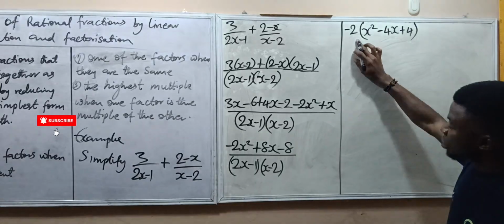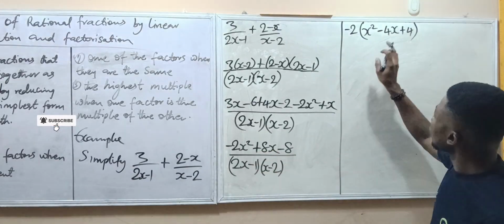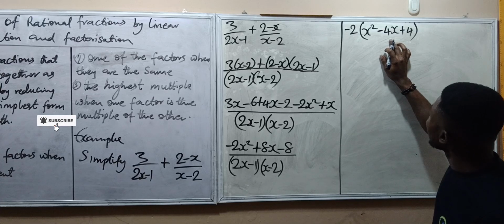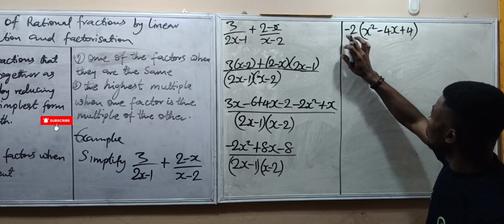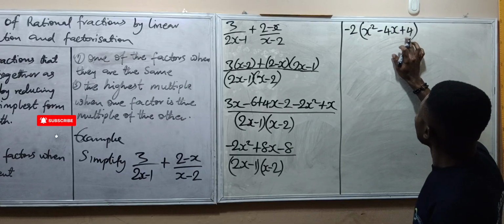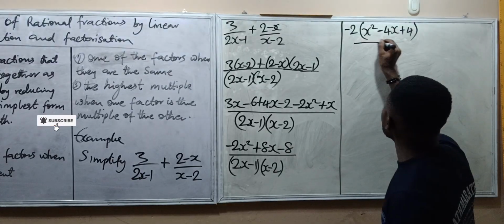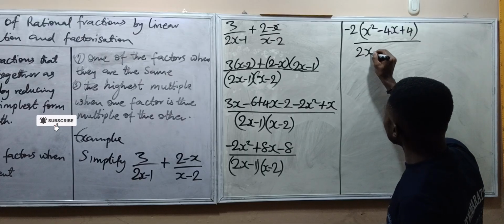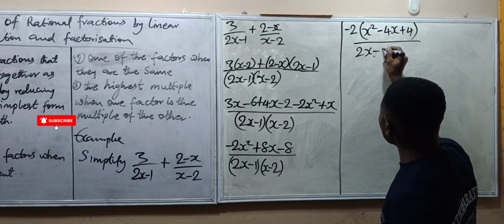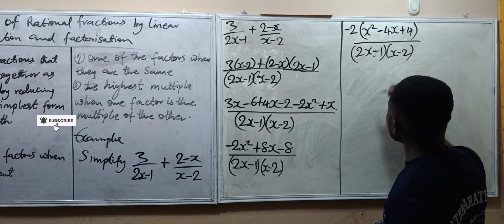When you factor out minus 2, of course, we have x squared, and then that minus 8 gives us plus 4, and 8 divided by 2 is 4, that's minus 4x. So when this minus multiplies this minus, it becomes plus, and then plus 4, all over 2x minus 1 into x minus 2.